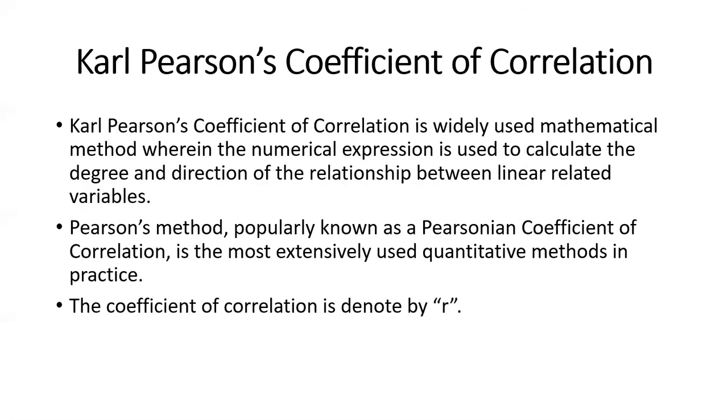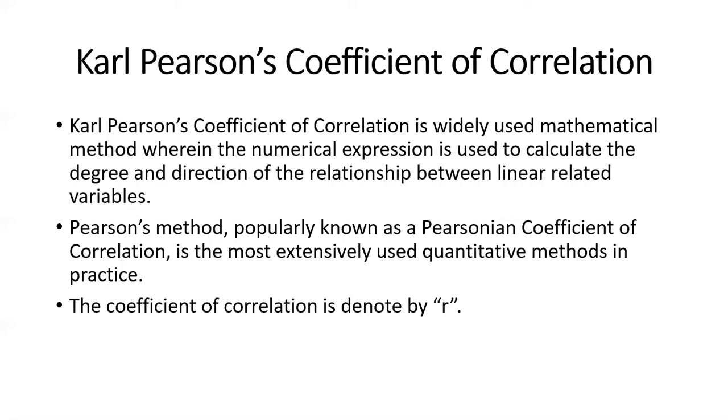It is the widely used mathematical method where the numerical expression calculates the degree and direction of the relationship. Here the method is mathematical where we check the degree and direction of the relationships. Pearson's method, popularly known as the Pearsonian coefficient of correlation, is most extensively used in quantitative methods of practice.